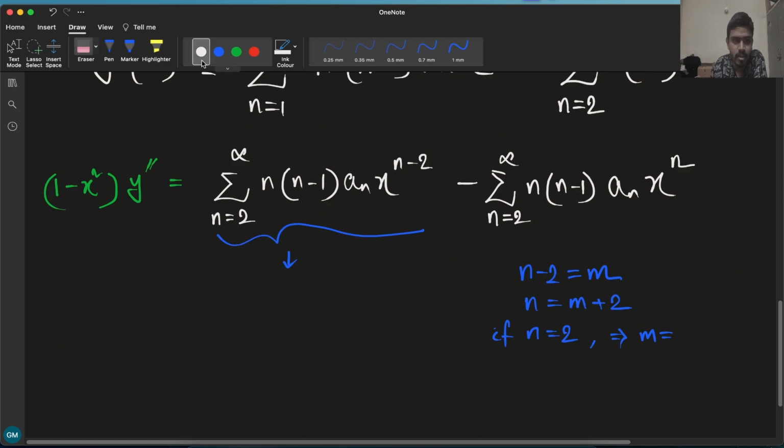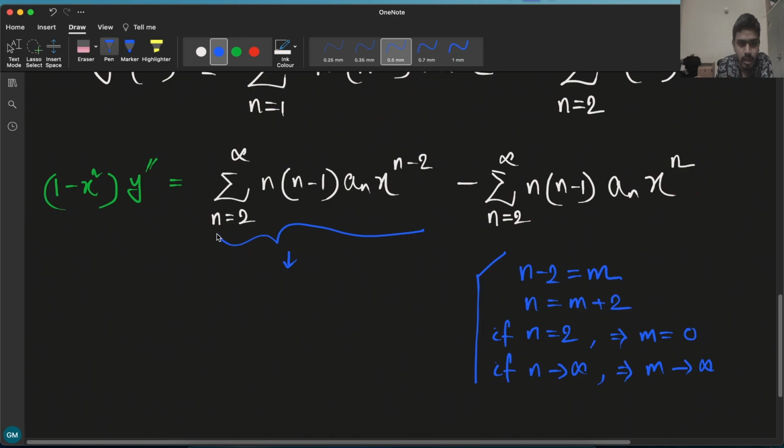If n equals 2, then m equals 0, and if n tends to infinity, then m tends to infinity. So that's what I will write here.